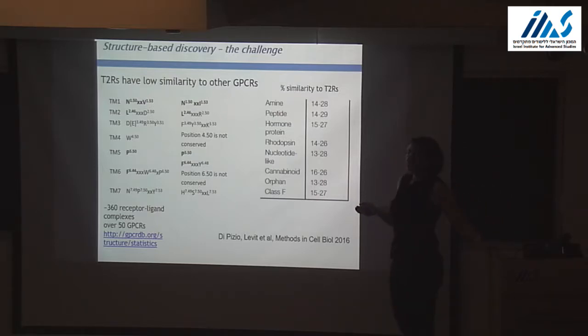And they have a lot of the hallmark motifs of GPCRs that are either not conserved at all or changed a little bit and have something else, something different from other GPCRs. So it is not even trivial to be able to use homology models based on something so remotely similar to perform for identifying new molecules.